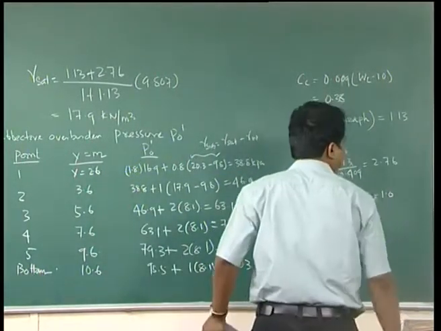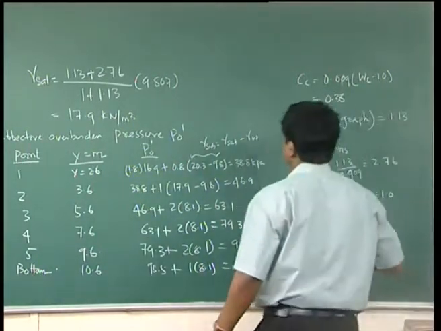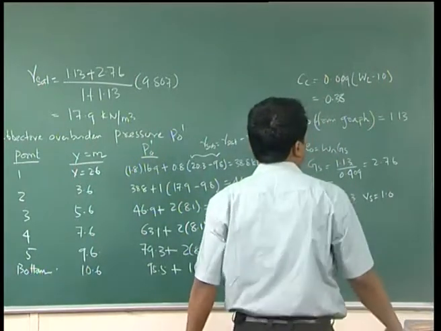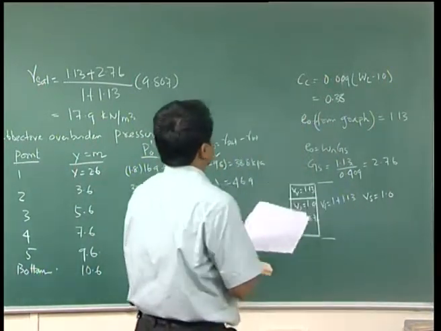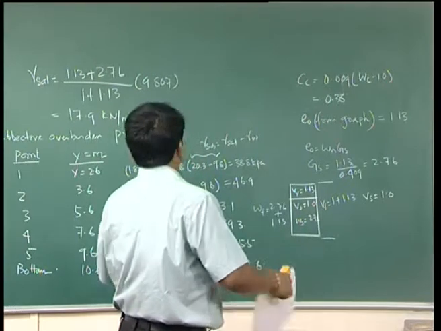Now the second stage. The first step is to find E 0, Cc, then Gs, then gamma saturated.